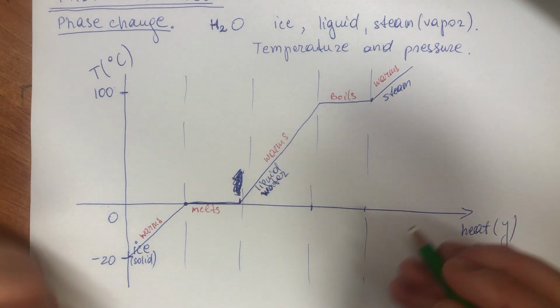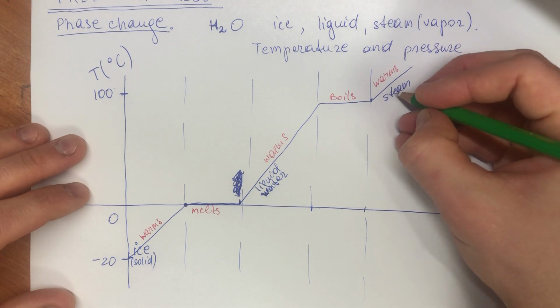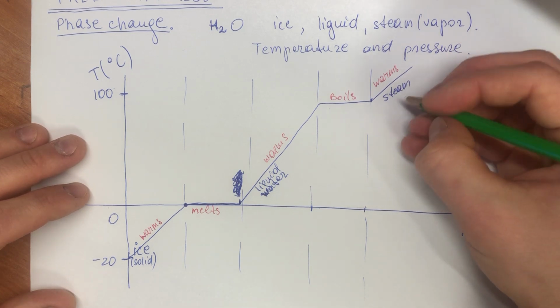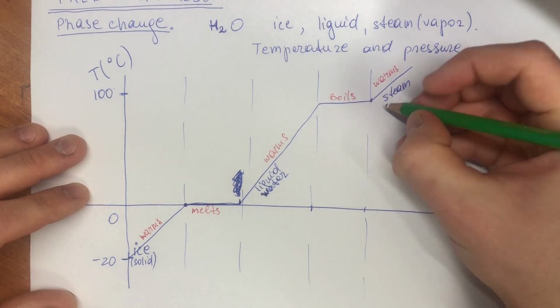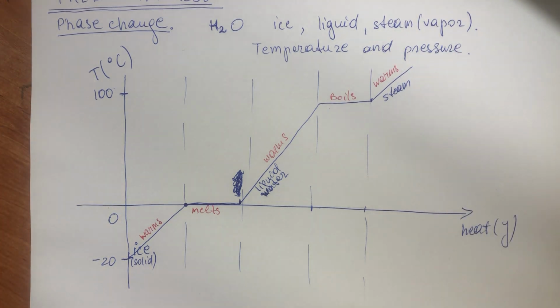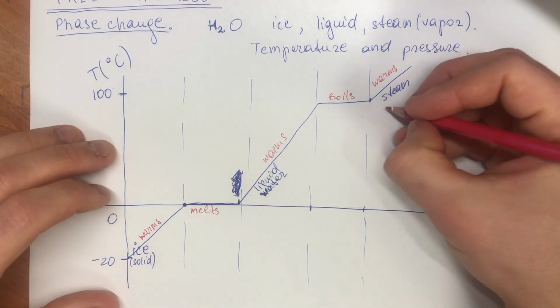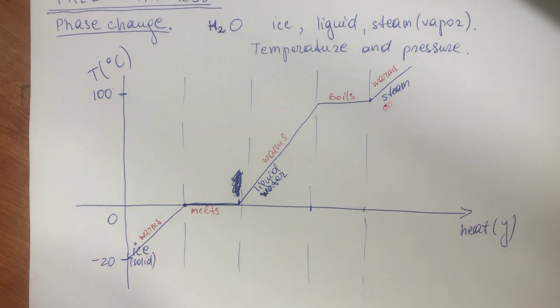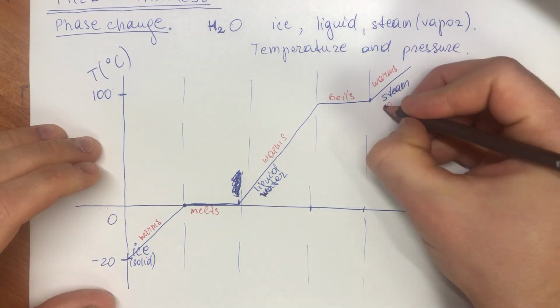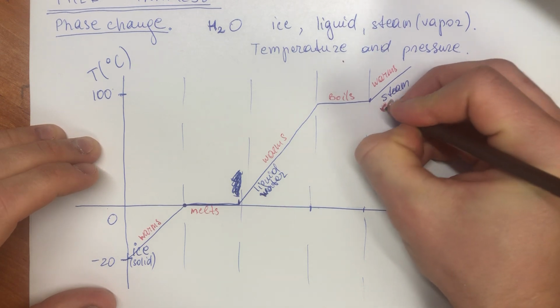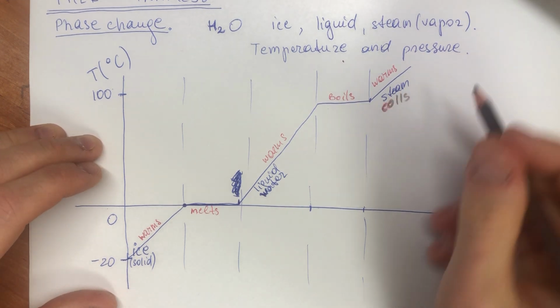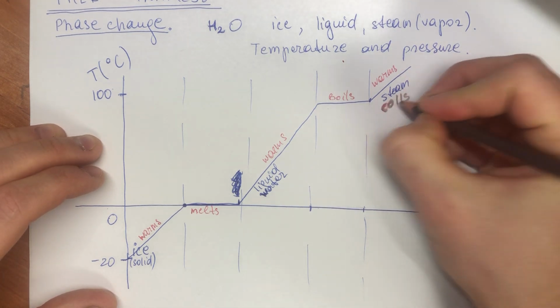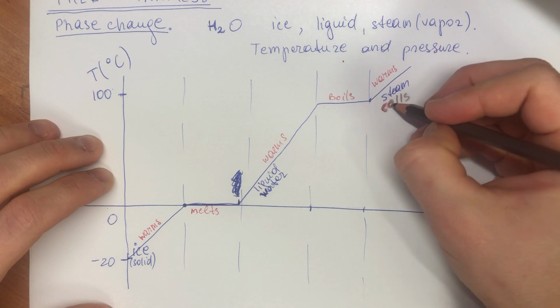So the process can be shown going down. If we take the heat away, it means that steam cools.